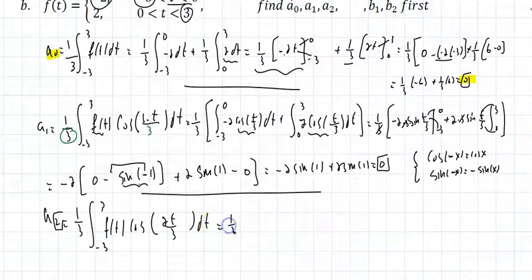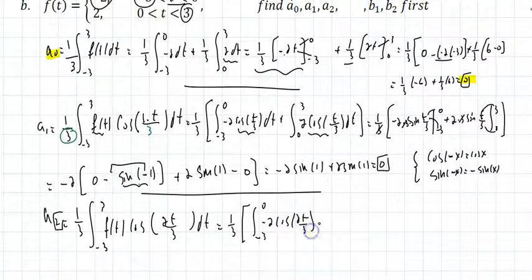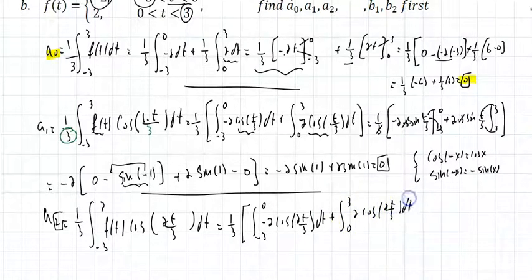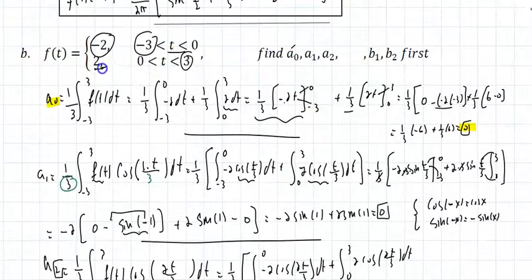That's going to be 1/3 times the integral from negative 3 to 0. F of t is negative 2. The cosine of 2t divided by 3 dt plus the integral from 0 to 3 of twice the cosine of 2t over 3 dt. And again, f is right there.